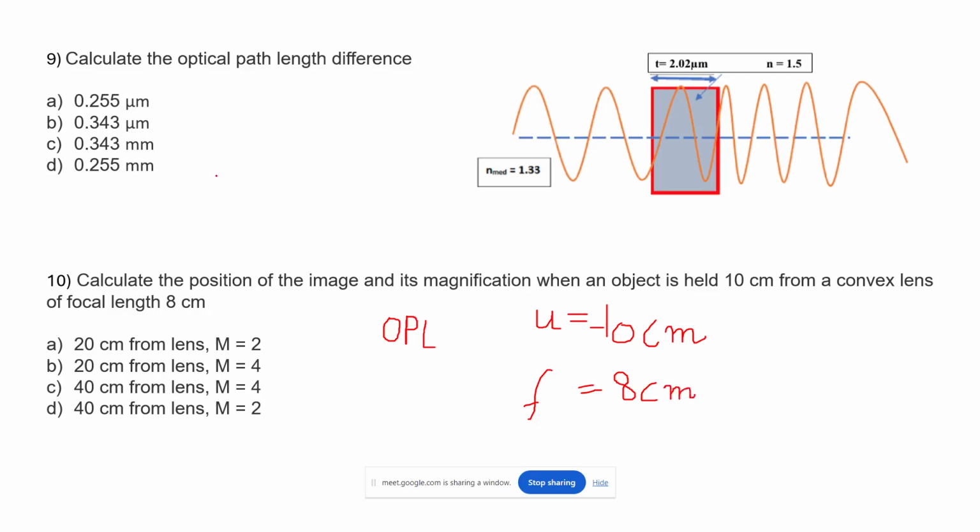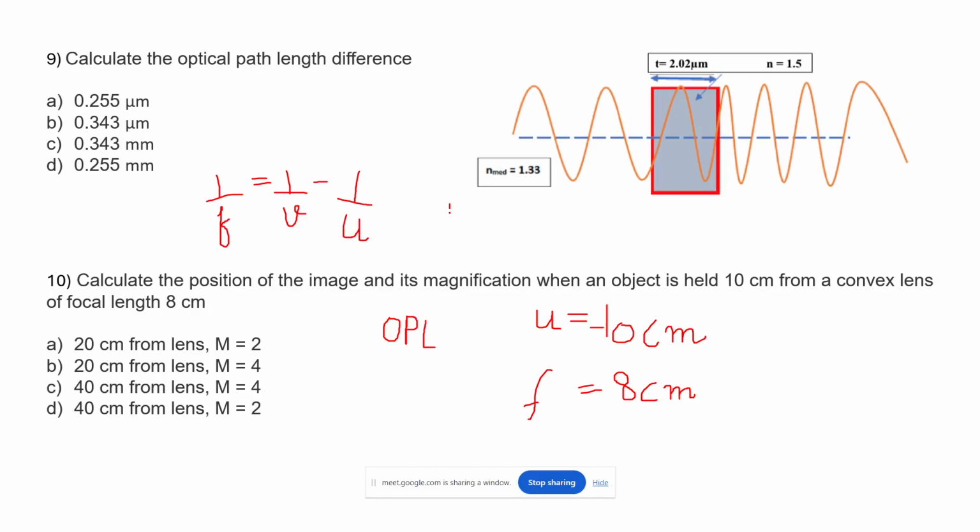There is one formula that we all know, which is used to calculate the focal length of the lens and to find out the relation between the object and the image distance, where 1 by f is equal to 1 by v minus 1 by u.